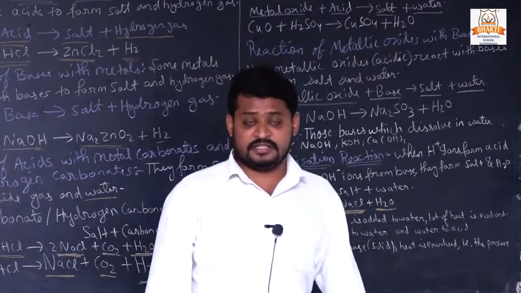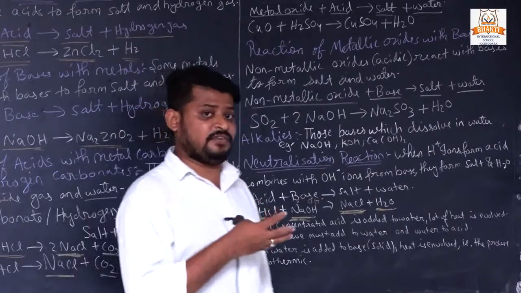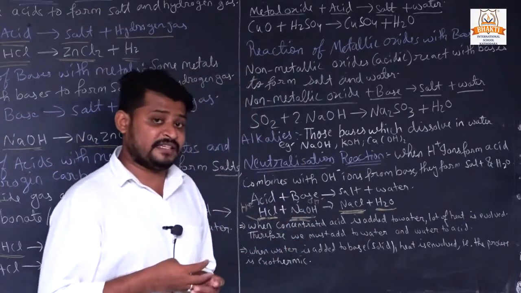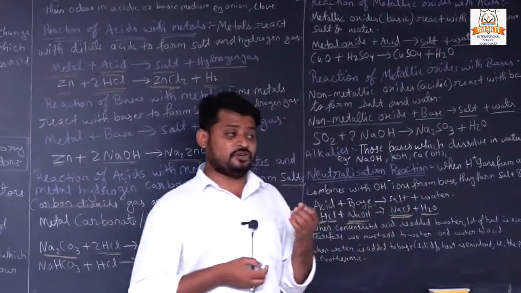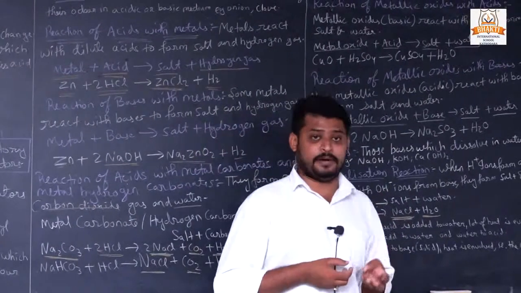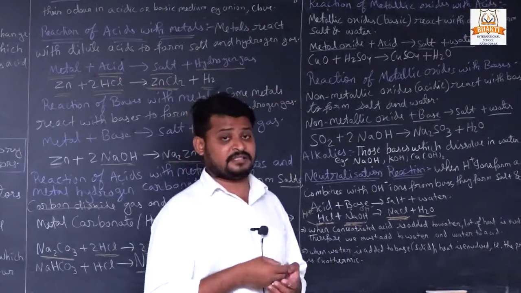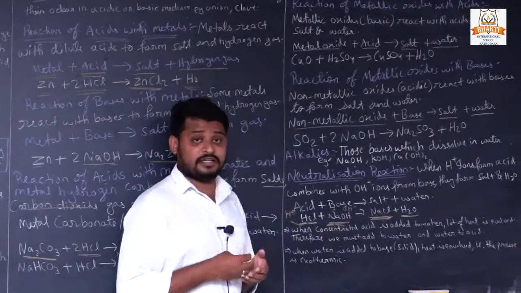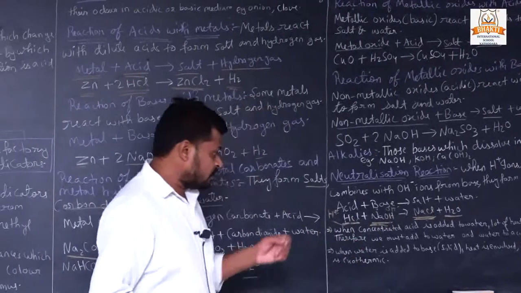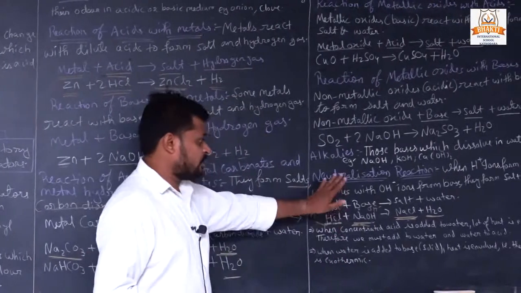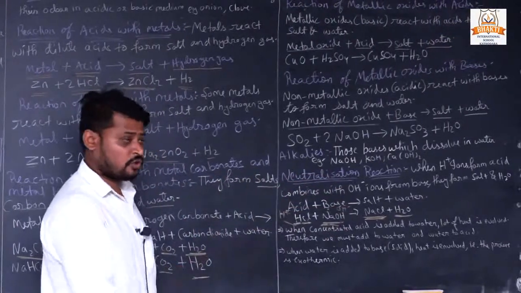NaCl is a very important salt. We will study NaCl in our next video. From NaCl, so many things are made, like bleaching powder, plaster of Paris, gypsum. So, the last two points. This is called a neutralization reaction, when acid and base react with each other to form a salt.